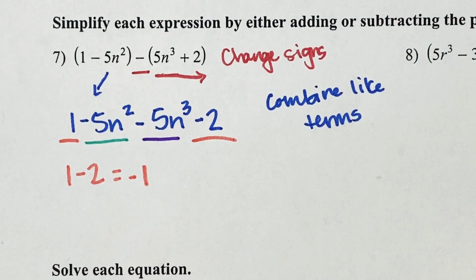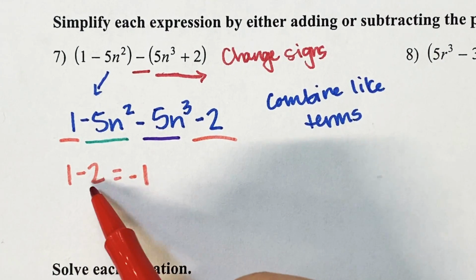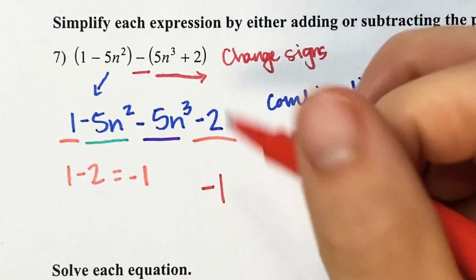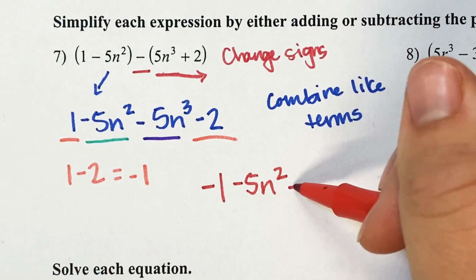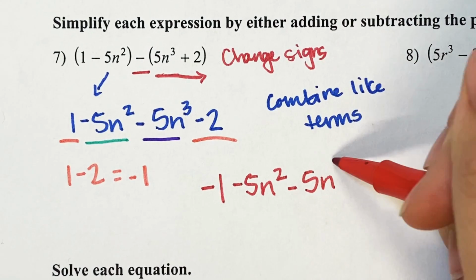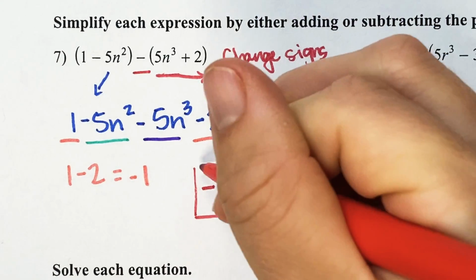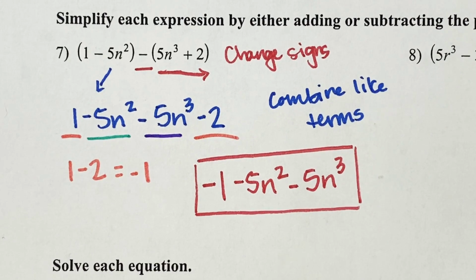So the only thing that we could simplify was this 1 and that negative 2 to turn into a negative 1. So we'll just write negative 1. Okay, and then whatever's left over, minus 5n squared, we couldn't combine, negative 5n cubed, we couldn't combine. You've got to look at the variables, and then the variable's power.